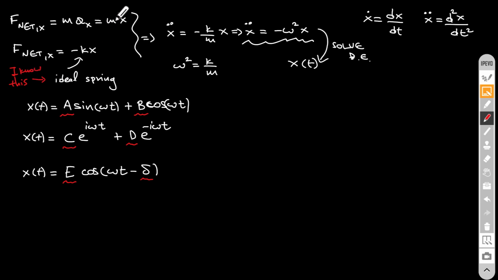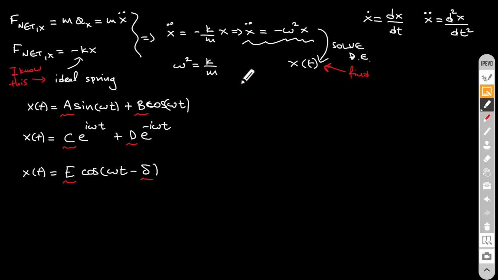I also know the physics principle that relates the forces with the motion. And what I'm doing is using physics, the relationship between forces and motion, to find the motion.